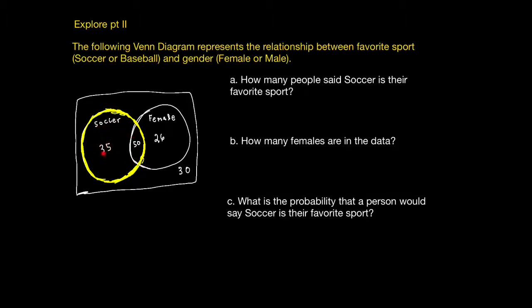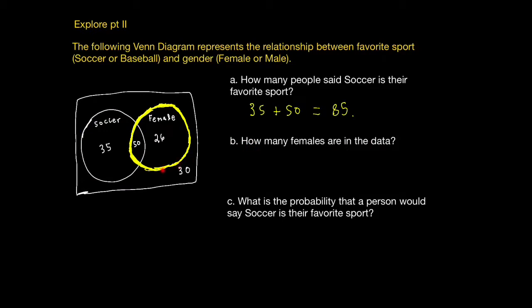So you see that we have a 35 and a 50 inside this yellow ring. So let's go ahead and add them together. We get 35 plus 50, and that's going to equal 85. So 85 people said that soccer is their favorite sport. Now notice that here it's not asking for a probability, so we don't need to divide it by the sample space.